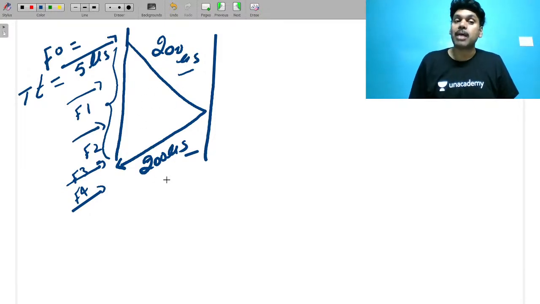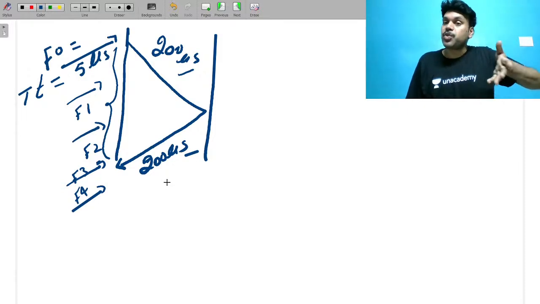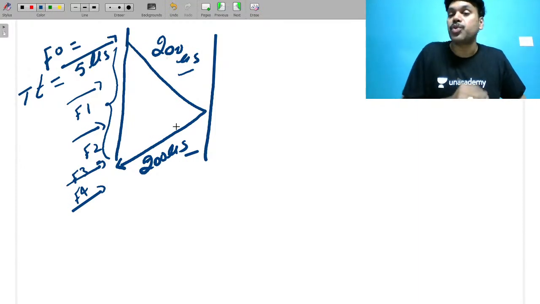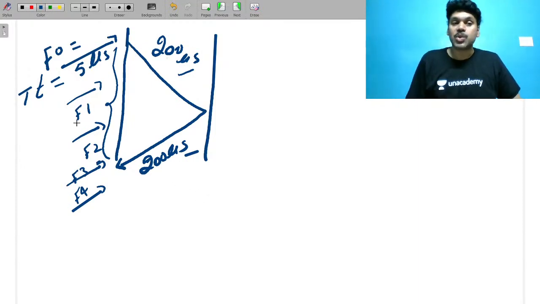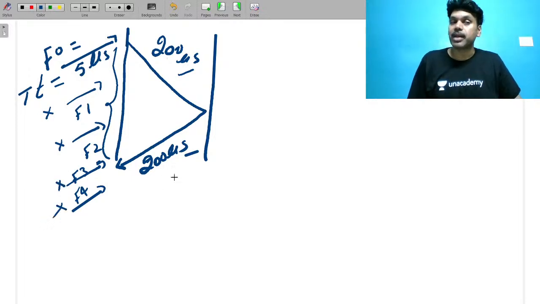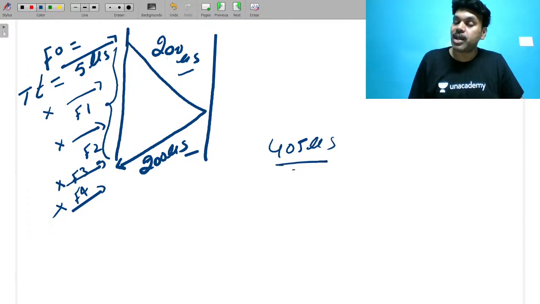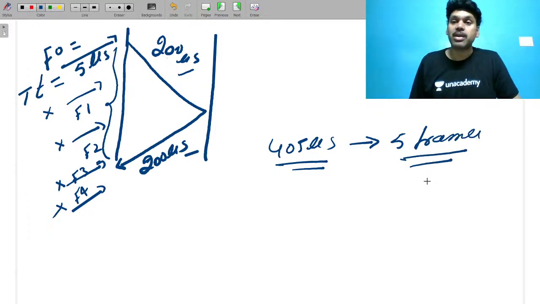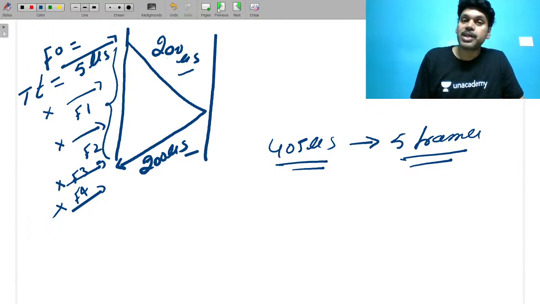They are overlapped because your next 4 into 5 microseconds, 20 microseconds, are overlapped in this 400 microseconds. So I will not consider their transmission times as your total time. That means within 405 microseconds, I have transmitted 5 of your frames. This is why the sender does not have any kind of waiting time.